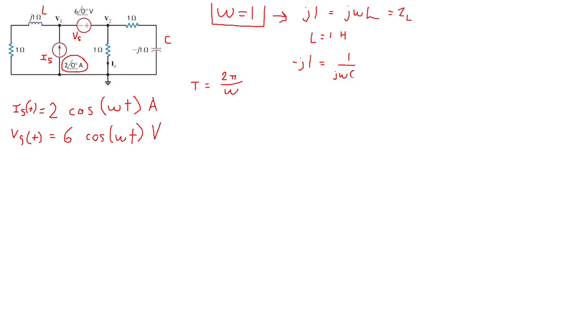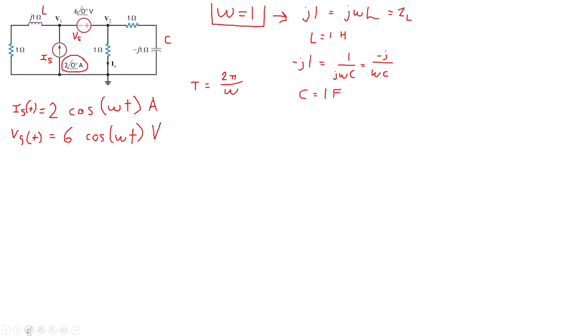And on the capacitor side over here, we know that the impedance of the capacitor is 1 over j omega c. And the 1 over j is the same as minus j.